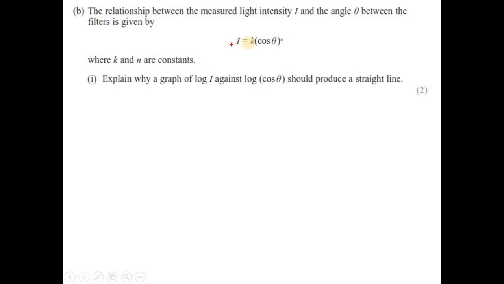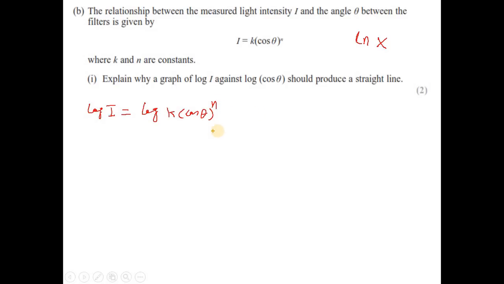So we apply log, and remember, here we will have to apply log of base 10, not log of base e, meaning we don't have to use ln here. We will have to use log. So we apply log on both sides. So log of I equal log of k times cos of theta whole power n.